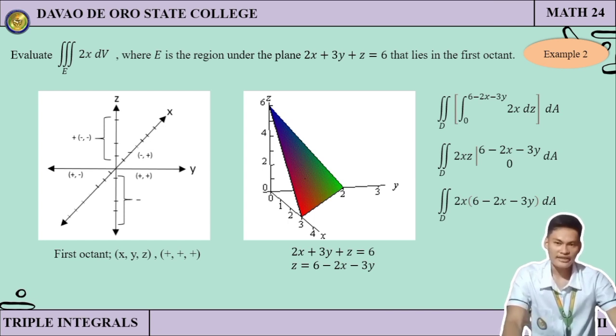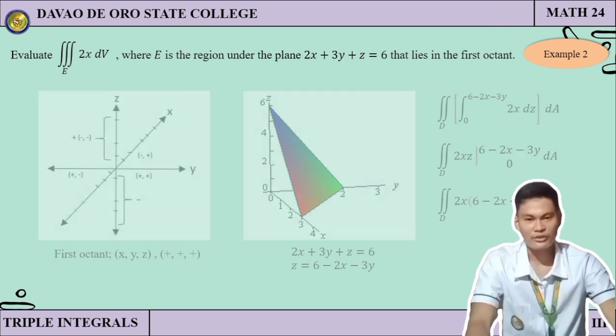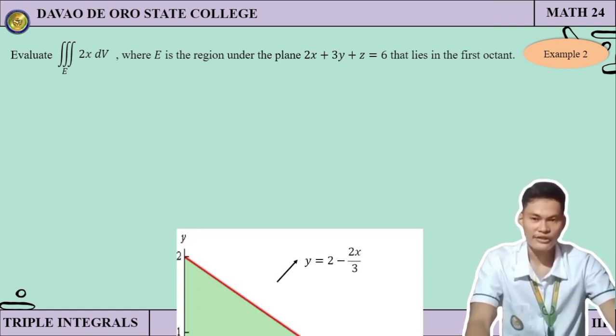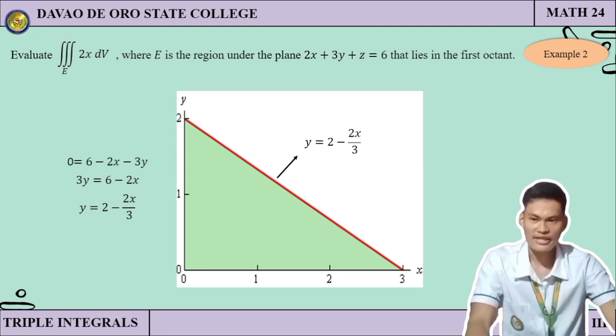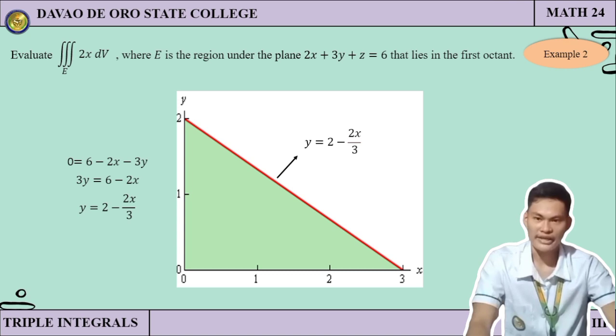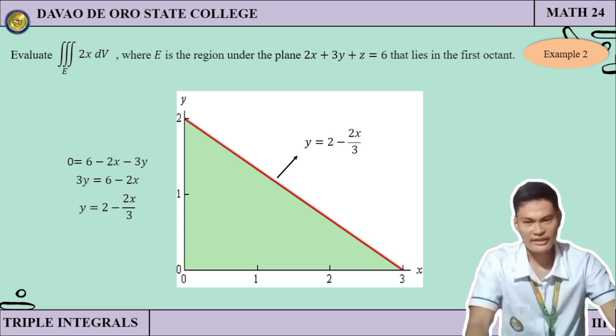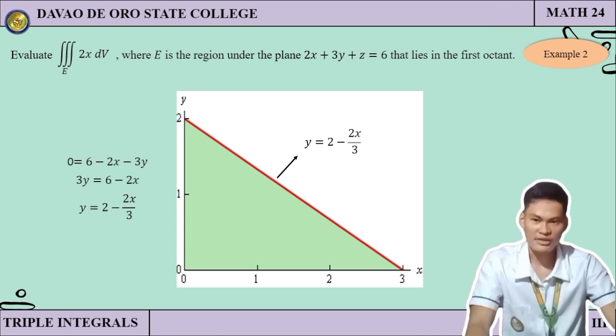We can see the intersection of the solid and the xy plane by equating z to 0. So our equation will become 0 equals 6 minus 2x minus 3y. Then, manipulate the y in terms of x.